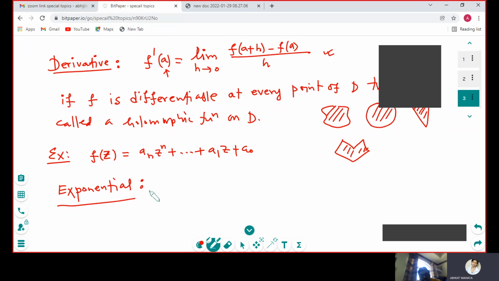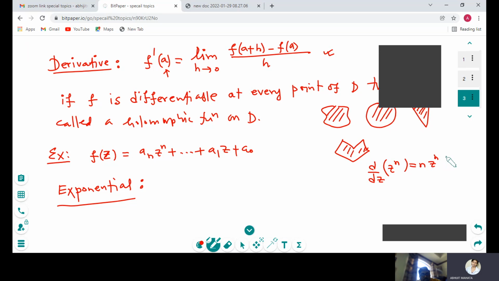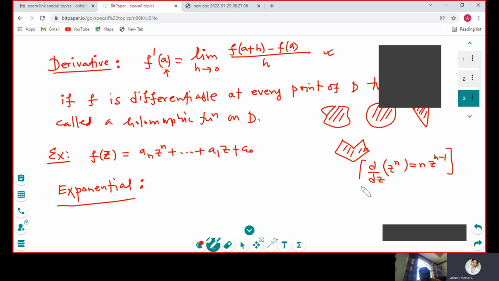And all the formulas related to derivatives that we saw before in the real calculus course are true here. For example, d/dz of z to the power n is the same, n times z to the power n minus 1.